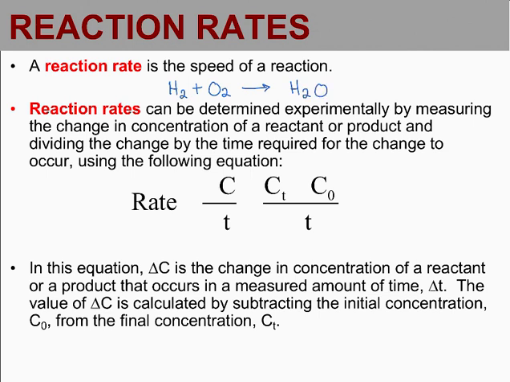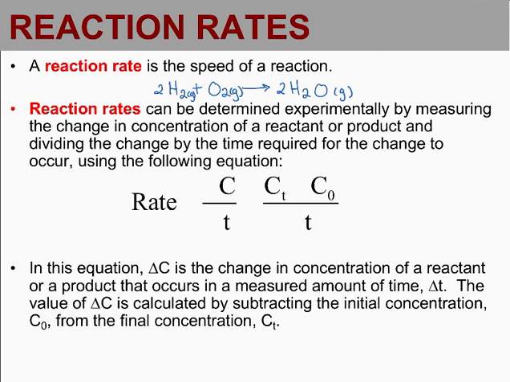And let's see, I think I need to balance this. There we go. So initially we have two gases, and then that's becoming another gas. And what if we wanted to track how quickly this reaction occurs? We would need to calculate the reaction rate. So how do we do that?